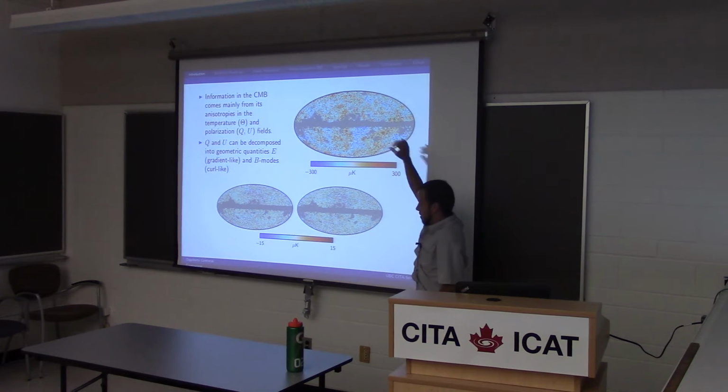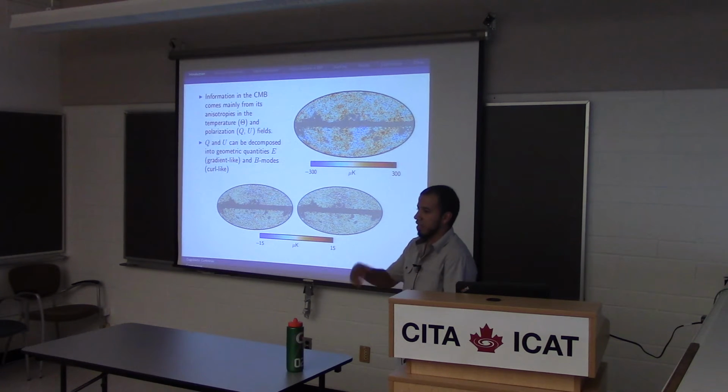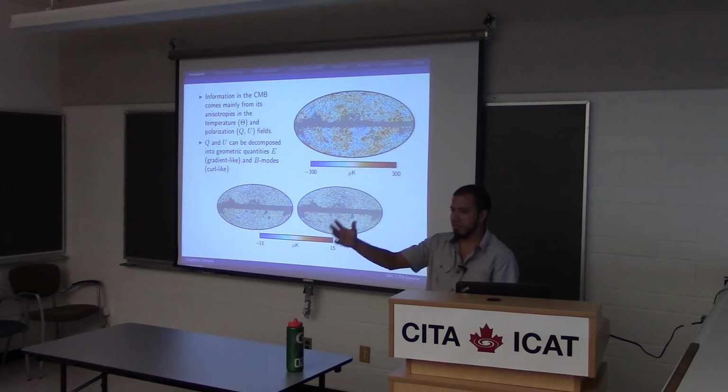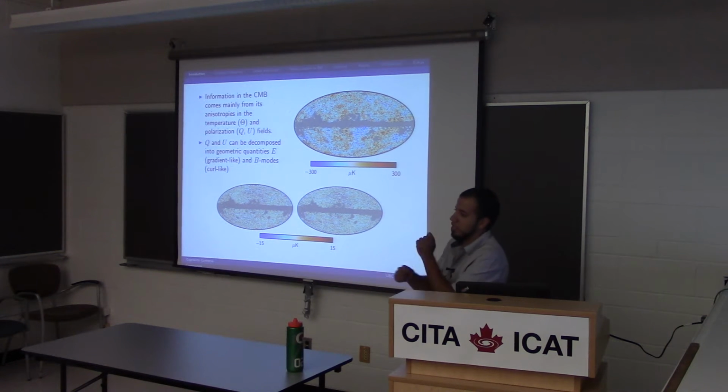This plot here is what the temperature cosmic microwave background looks like as measured by Planck. If you remove things like foregrounds and you mask out the galaxy, these perturbations, these red and blue spots here, are perturbations at the level of 1 in 10,000 or so, and they tell you a lot about what's happening in the universe.